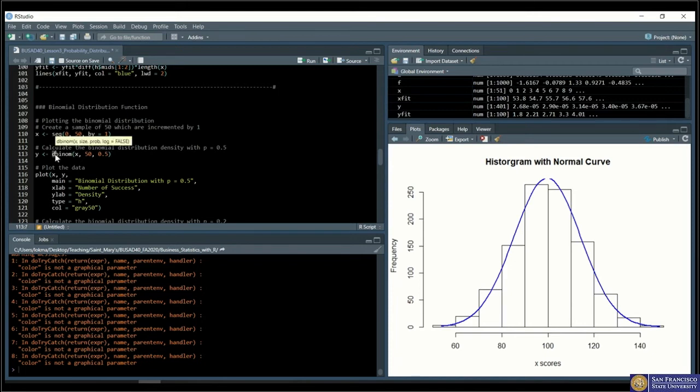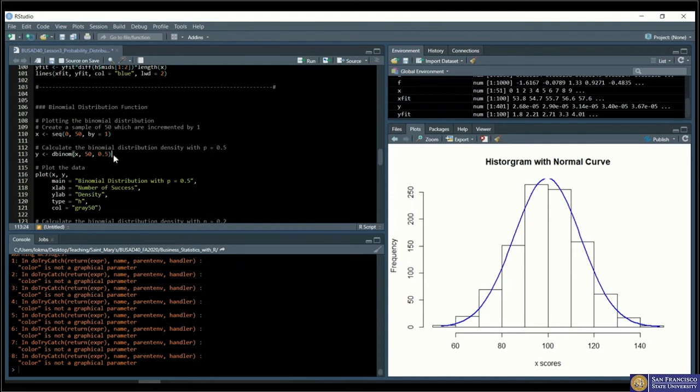So dbinom basically defines the density values of every x that we just created. And this binomial distribution will take a sample of 50 trials, and the success of these trials will be 50%. So 50% of a chance will succeed, 50% of the chance will fail.